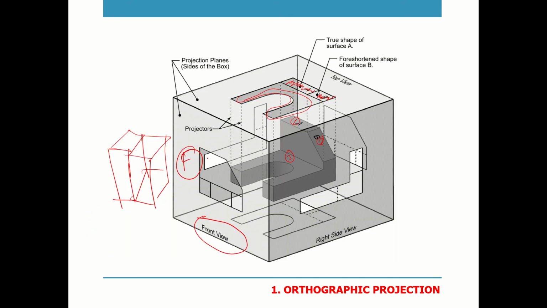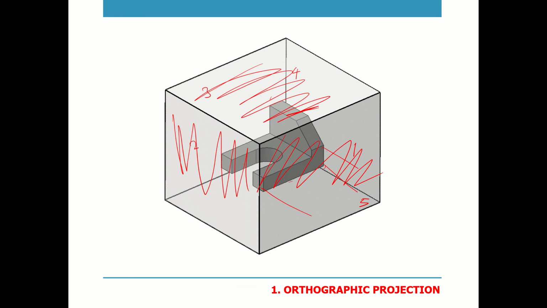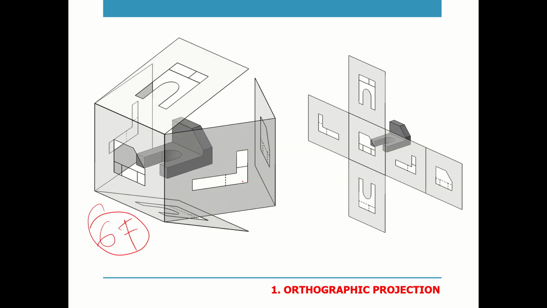What are the 6 faces? I think I don't have to repeat again. These are ways in which we can draw: this is front, this is top, this is bottom, this is right, this is rear, this is left hand side drawing. In all cases, we don't need all these 6 drawings.